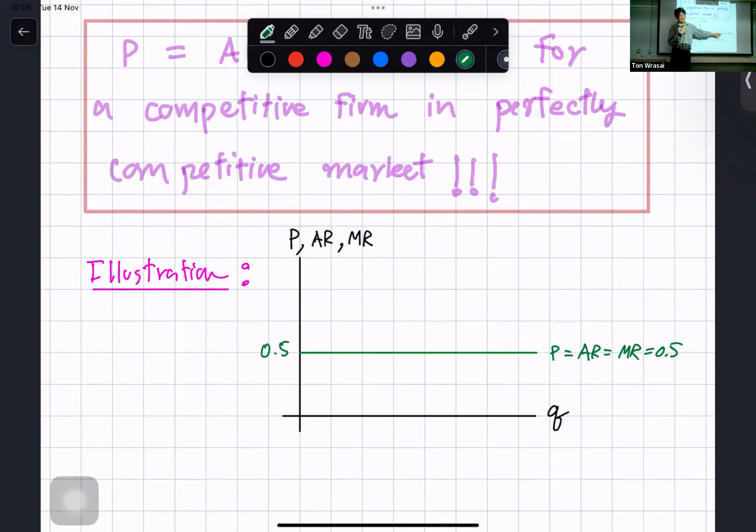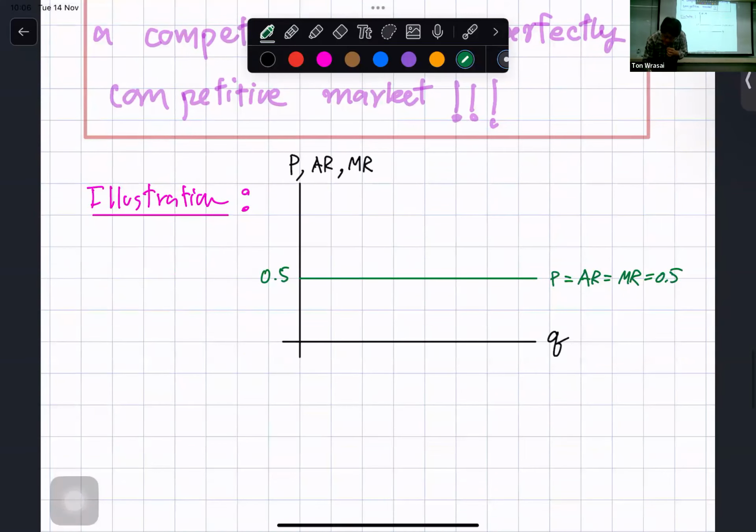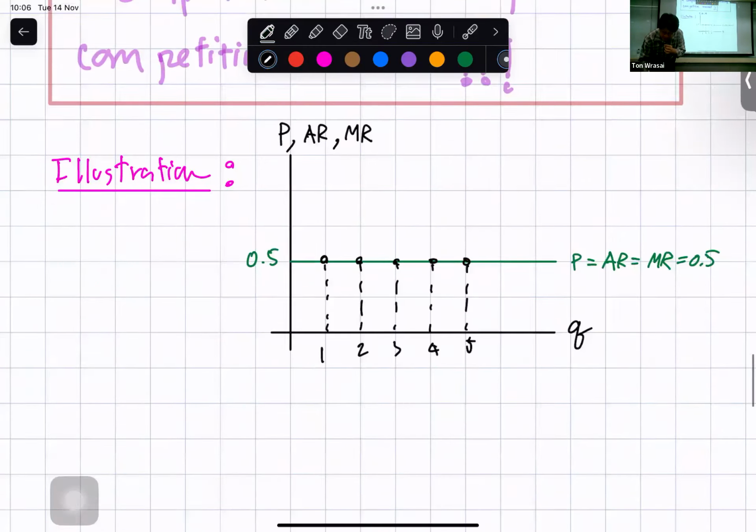The price line, average revenue curve, marginal revenue curve all coincide on the same line. Interpretation is like this. When this company sells one page, 0.5, 2, 3, 4, 5.